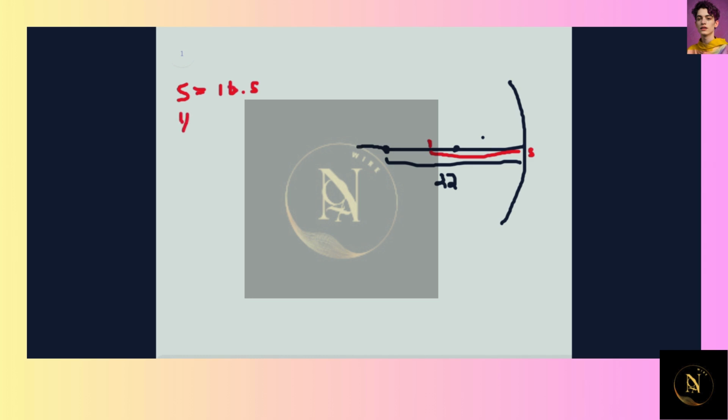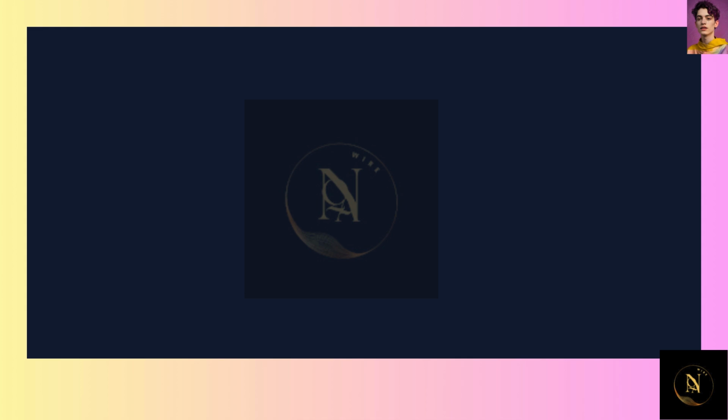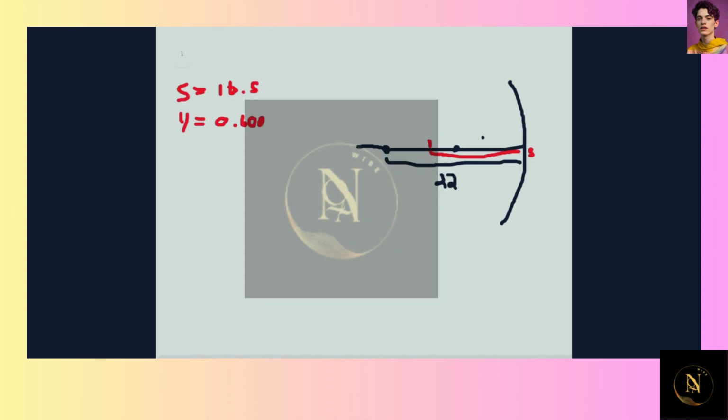The height of that object, the size of that object, is 0.600 centimeters. The first part of the question asks to draw a one. So R, the curvature radius, is 22.